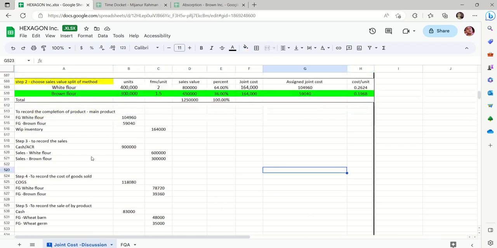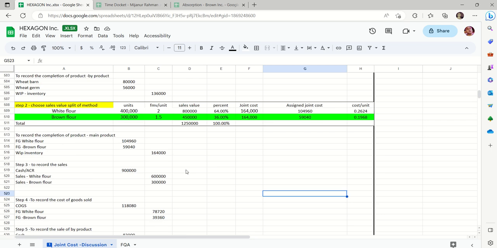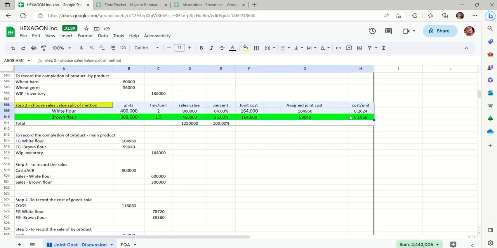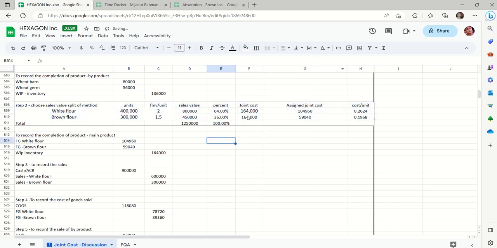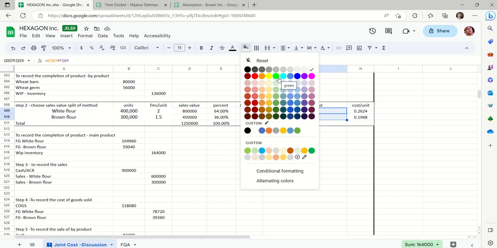Okay, now we do journal entries. And how do you do that? Simple. I'm going to highlight the cells that we're working on in green.